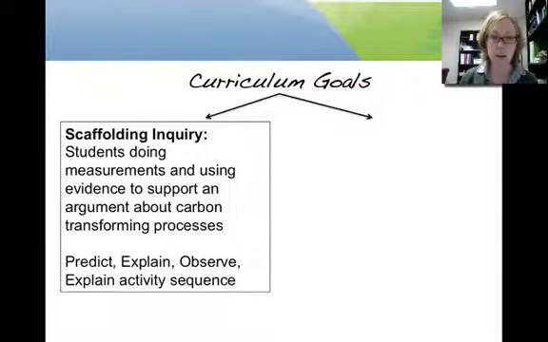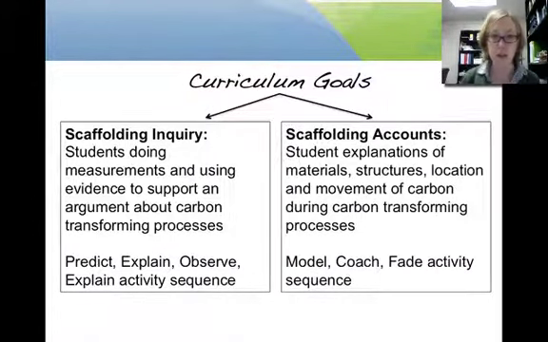The units also have activities that scaffold student accounts. Accounts is our somewhat jargony word that means explanations of a phenomenon. So this means that the units help students work on their explanations of materials, structures, location, and movement of carbon during carbon transforming processes.